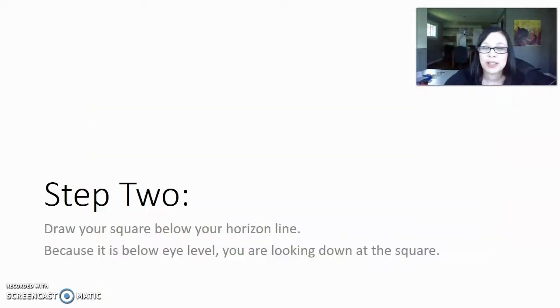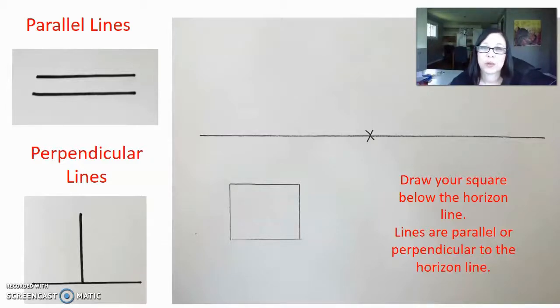The first thing we're going to do is draw a square below the horizon line. I would try this for practice if you've never done this before, so you can draw a perfect square. When you draw your square, make sure that the lines are parallel to your horizon line.